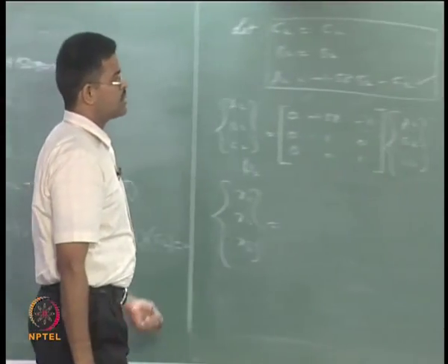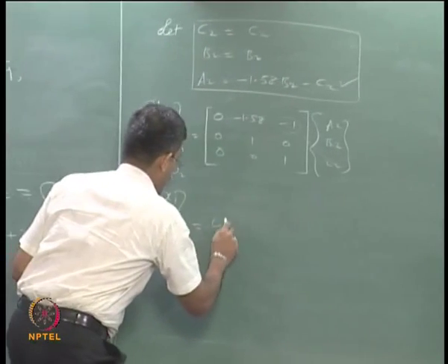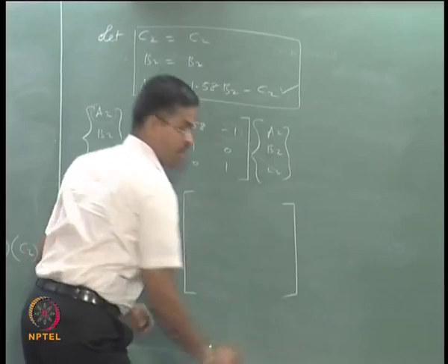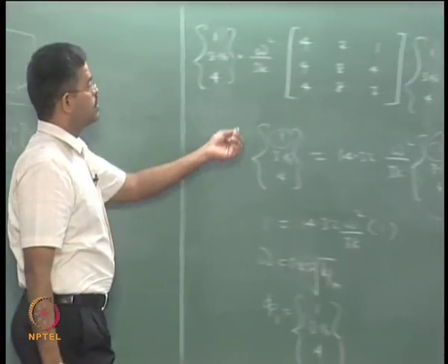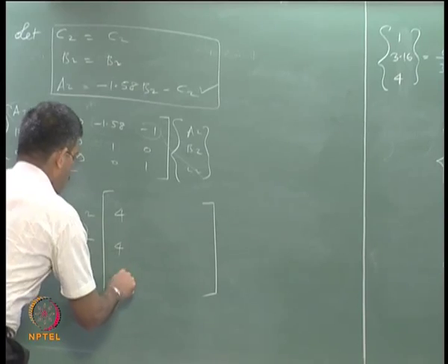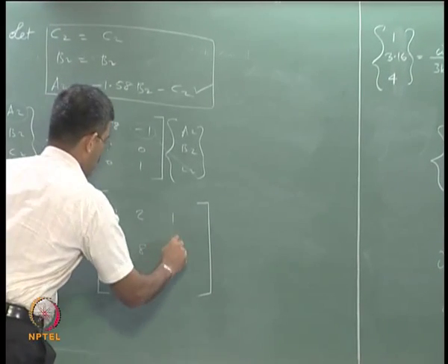I will borrow the same control matrix of omega square by 3k. So omega square by 3k, I have the same control matrix of influence coefficients as this value, which is 444, 288, 147.